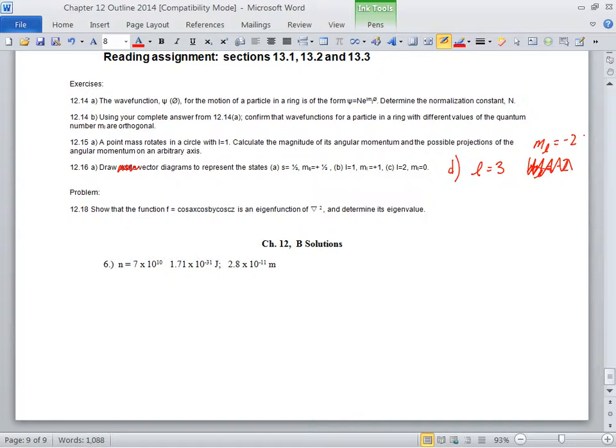Okay, so what would you draw? Draw the vector diagram to represent the state L equals 3, M sub L equals -2. If I don't give you an M sub L, that means draw them all. So in this case, you're just going to draw just one picture, one projection.